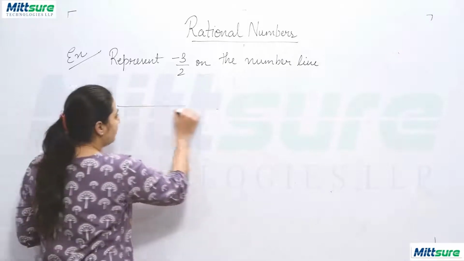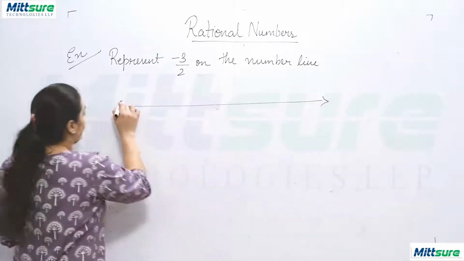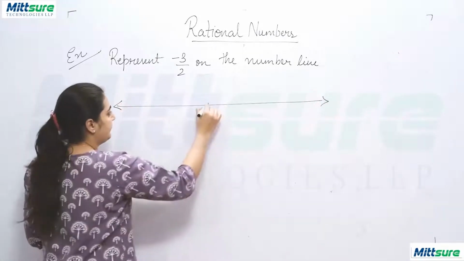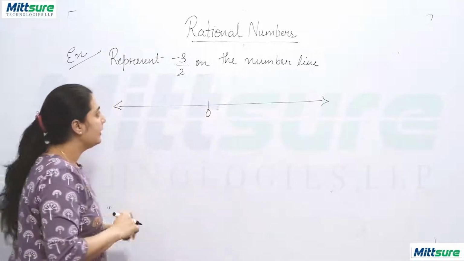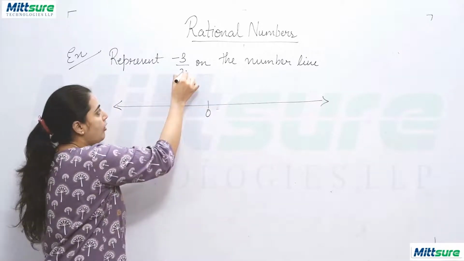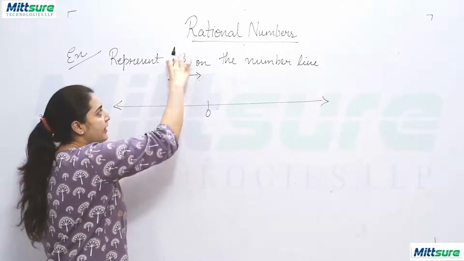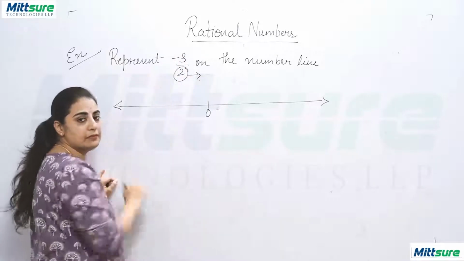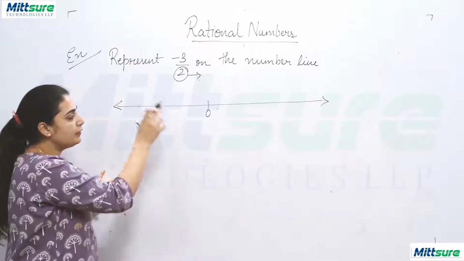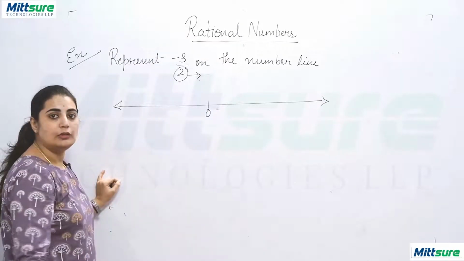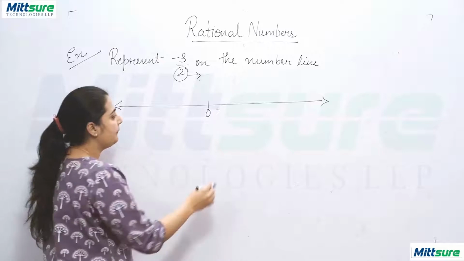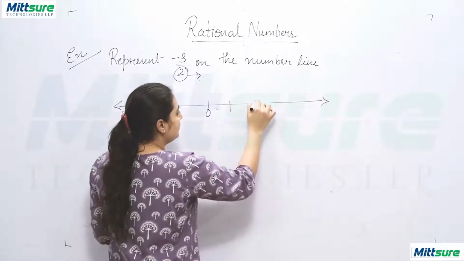So first of all, we are going to draw the number line. Okay, 0. Now see, this is 2. Always look at the denominator to find out where this rational number will be located. You have to divide the number line into that many fragments. Okay, so it is 1, 2.